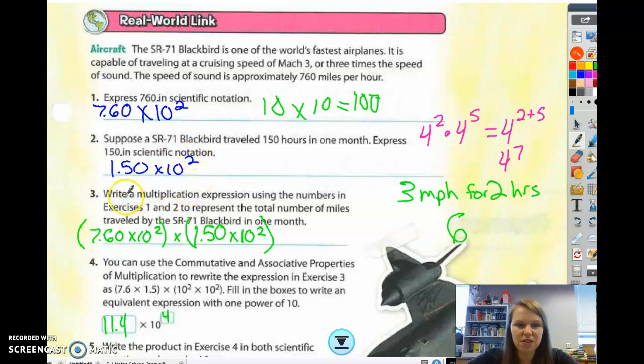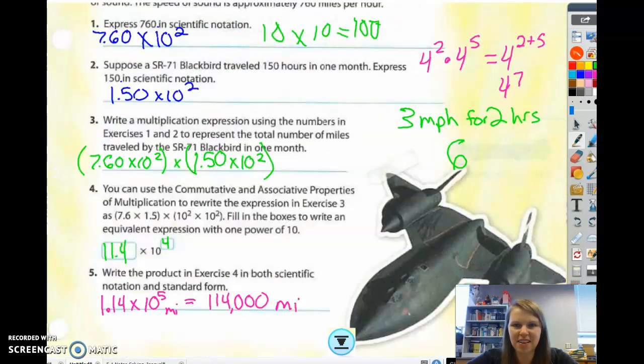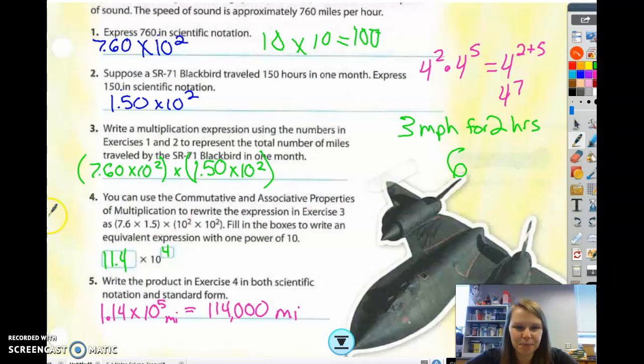For the next question, it says write a multiplication expression using the numbers in exercise 1 and 2 to represent total number of miles traveled by this Blackbird in 1 month. And Blackbird, they mean this fighter jet. So we're going to take this value, 7.60 times 10 to the second, and the next thing is 1.50 times 10 to the second.